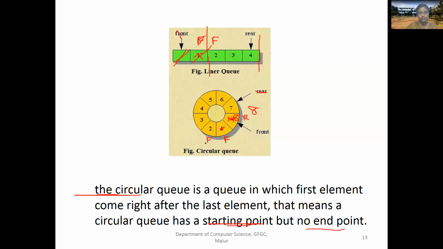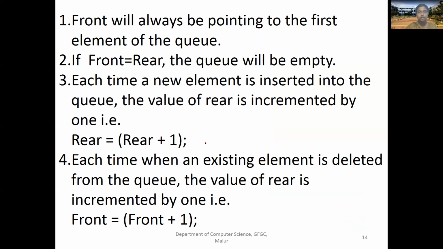With that video, hope you got an idea of the benefit of circular queue over linear queue. We will see some of the points to be remembered in circular queue. Front will always be pointing to the first element of the queue. Even though it is a circular queue, it will follow first in, first out. The first one that entered has to be deleted.